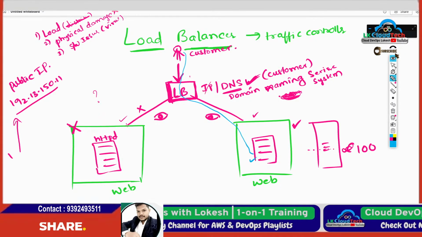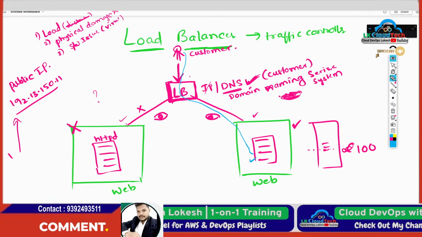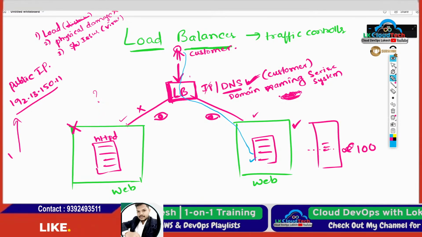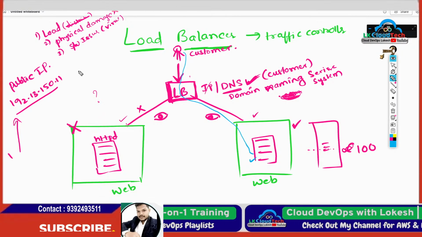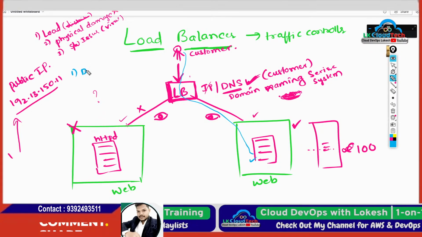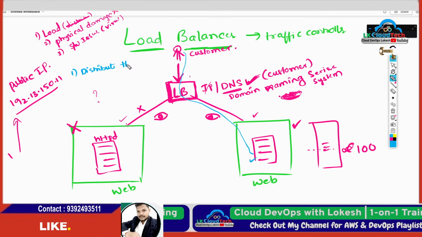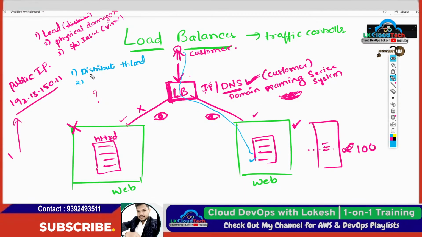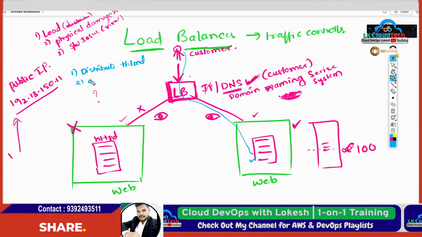Only if the server is healthy and available will it send the traffic to that server. So like we discussed, distribute the load, this is one point. The second one is that it will always check the health.